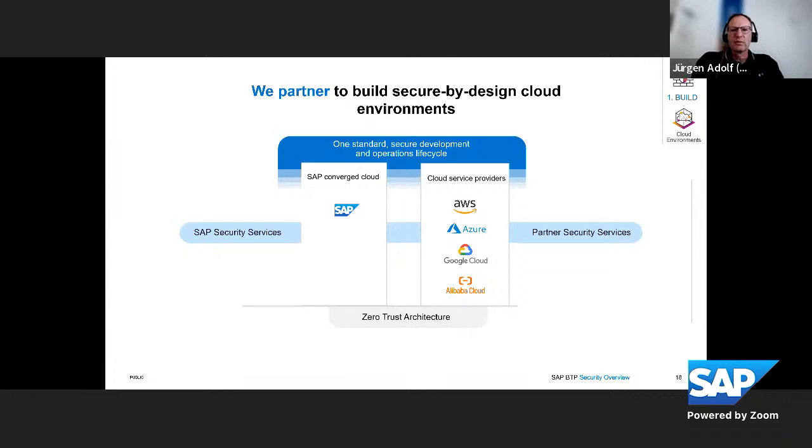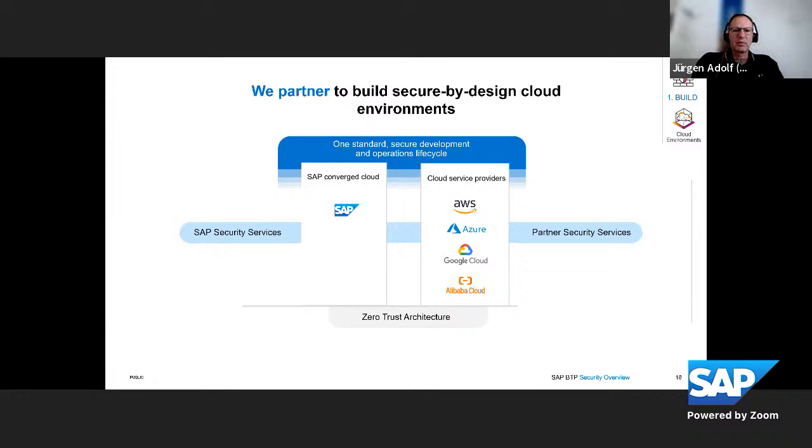Our cloud environment development relies on one standard, the secure development and operation lifecycle. This approach allows our DevSecOps team to agree on and implement a consistent approach to security and support cloud environments. Our services can be categorized in two main areas.